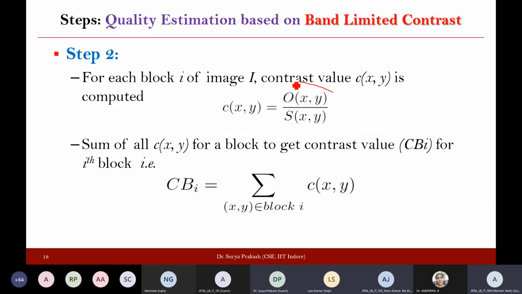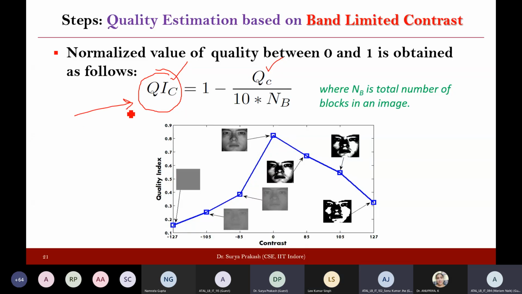Okay, QIC is the objective function, sir. Okay, sir. The objective function basically tells us that whenever this value is more, it means the quality of the image is good, which indirectly depends on the contrast. So whenever QIC is more, you can say that the contrast is good, right? Okay.